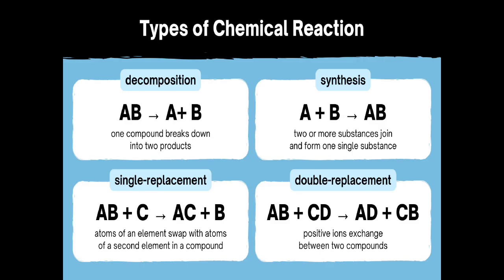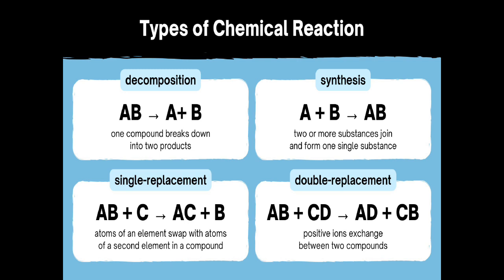Types of chemical reactions. First one, synthesis, that is chemical combination. A plus B gives rise to AB. Two or more substances join and form one single substance. Decomposition reaction. AB splits into A plus B. One compound breaks down into two products.